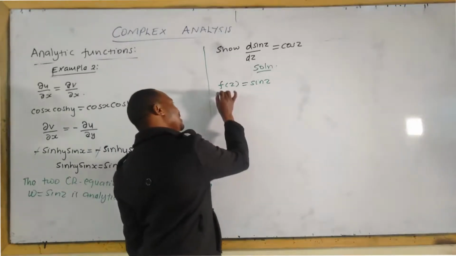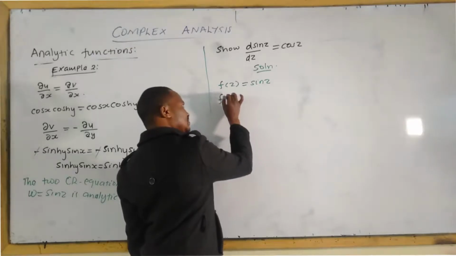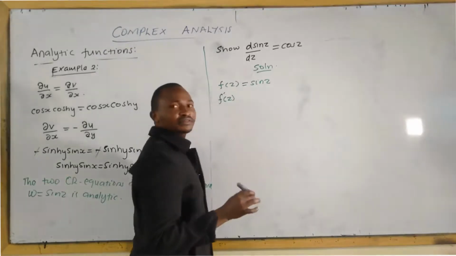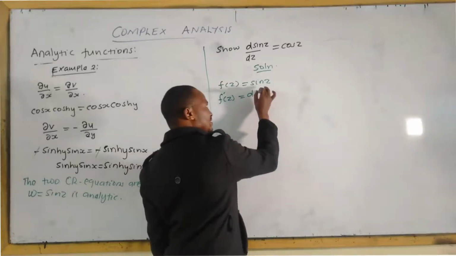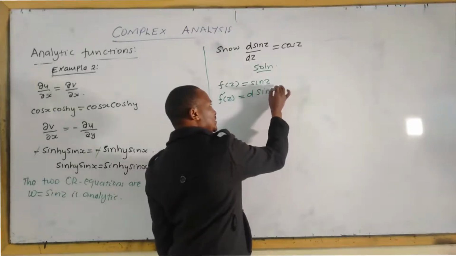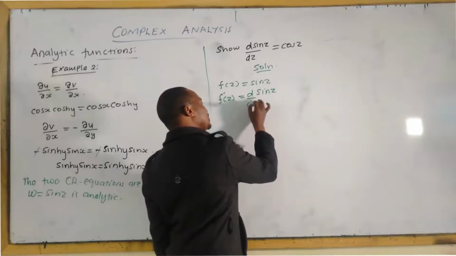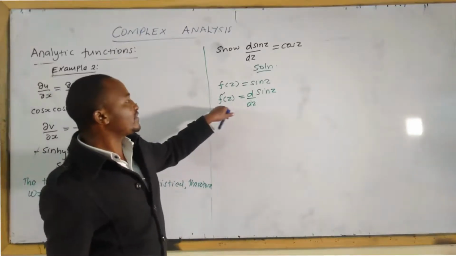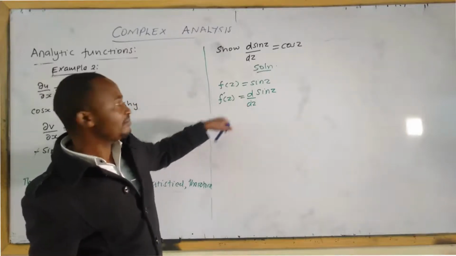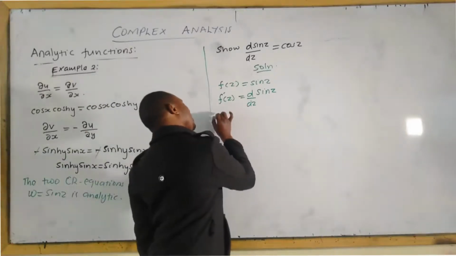If you have to differentiate this, the first derivative, you can also express it as derivative of sin Z with respect to Z. You can express it using any of these two formats. But recall what we said earlier.